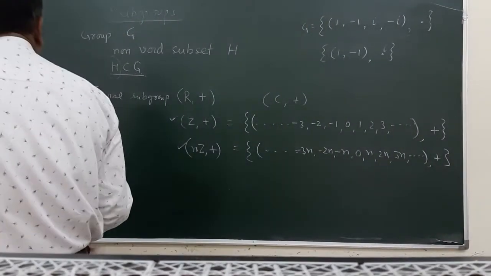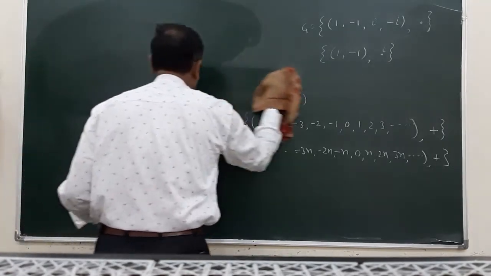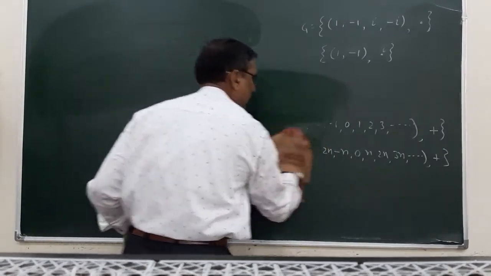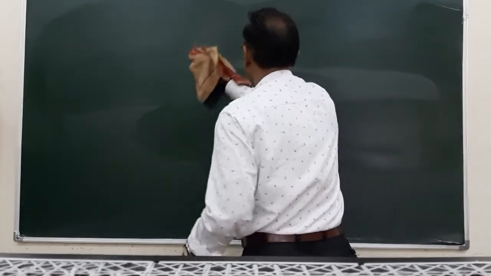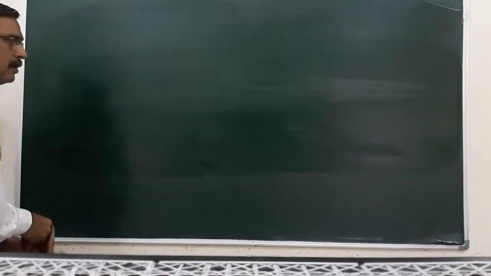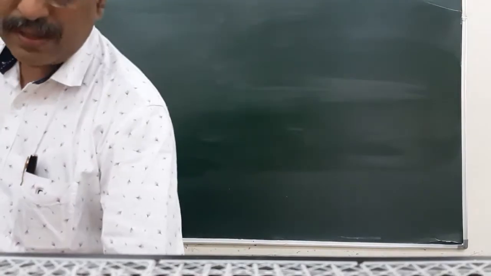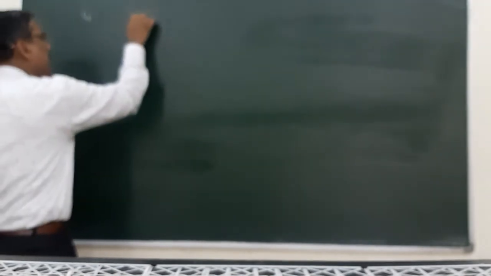So let us try to establish some properties of a subgroup of a group G. Say we have a group G, and H is a subgroup of it.